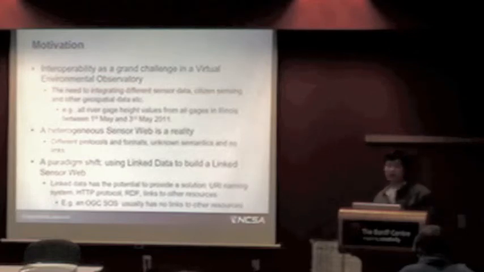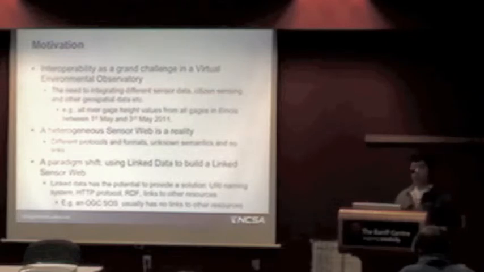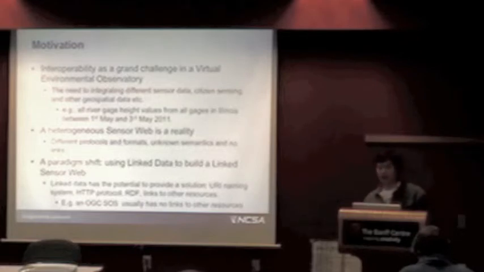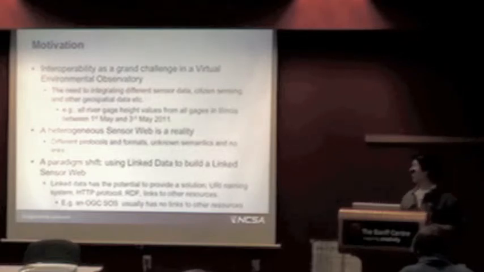So the reality is the sensor web is heterogeneous. Data are accessible via different protocols and in different formats. And usually there are no, or few, semantics attached to the data, and there are no links between different data.